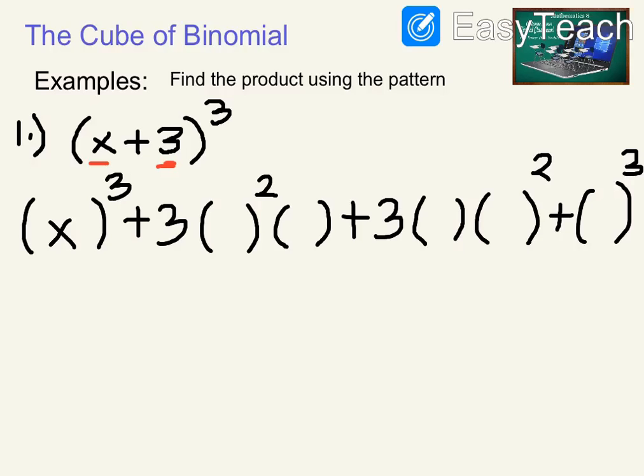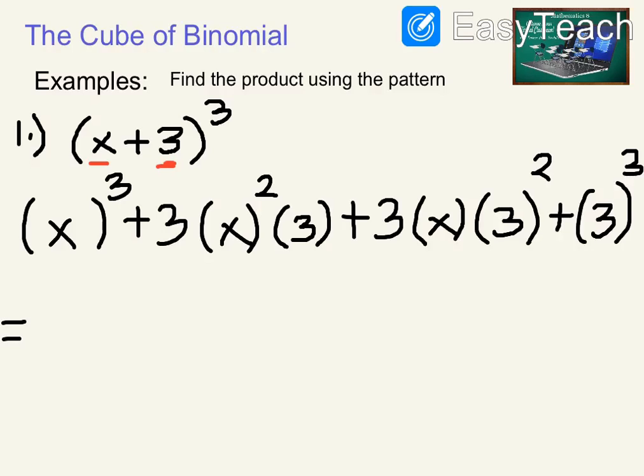Then the first term again here is x. And then here we have 3. That is the second term. Here we have the first term x. We have the second term 3 here. So it's like filling the blanks, the quantities. And then the last term here is 3.